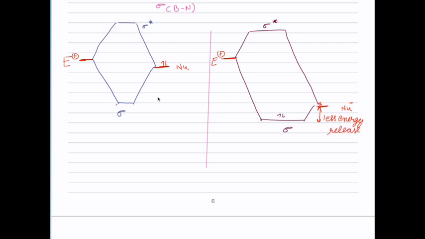But in such cases, when the electrophile and nucleophile have almost the same kind of energy, then the sigma bond forms.